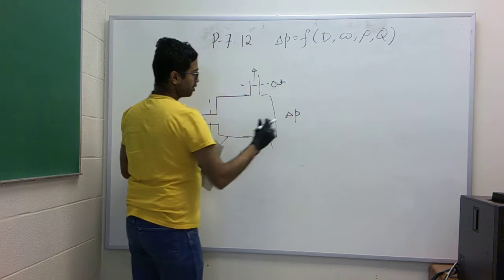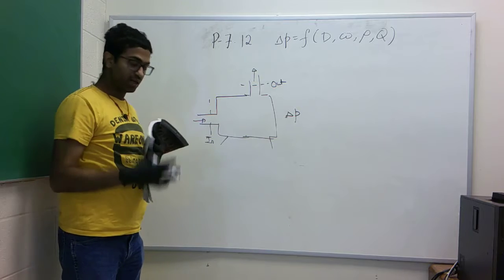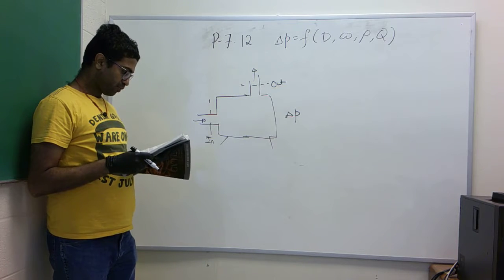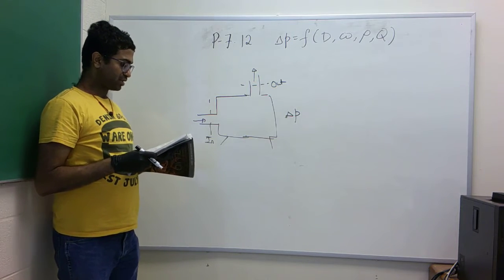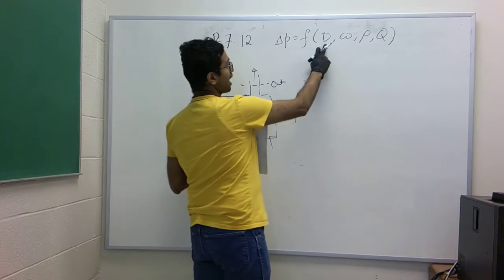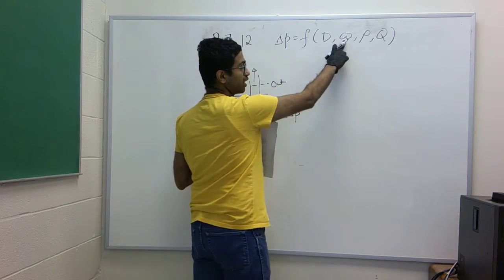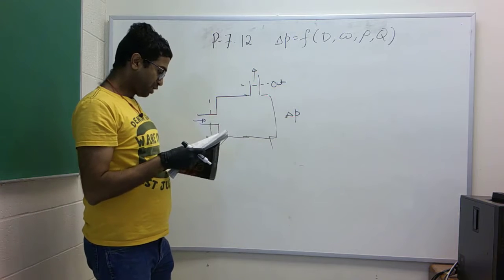The pressure drop between the outlet side and the inlet side can be expressed as a function of the diameter and the rotational speed of the impeller.